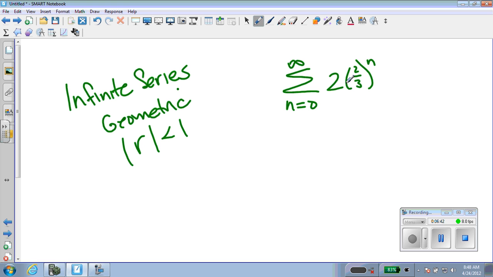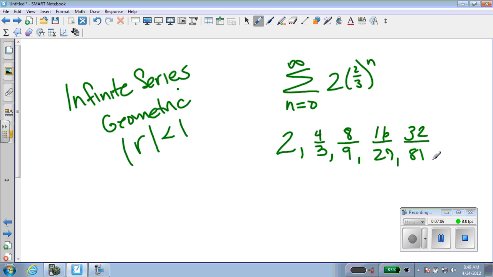So this sequence would start out with 2, and then you'd have 2/3 of 2, so 4/3, and then you would have 2/3 of that, so 8/9, and then 2/3 of that, so 16/27, and then 2/3 of that, which would be 32/81.